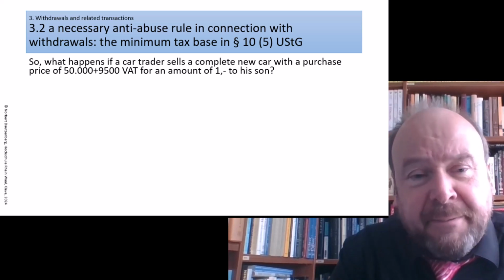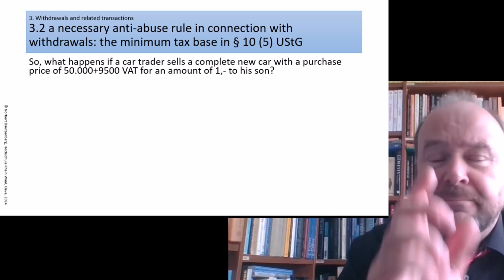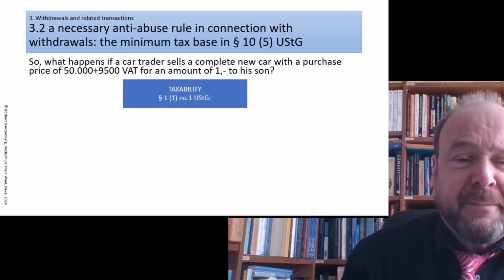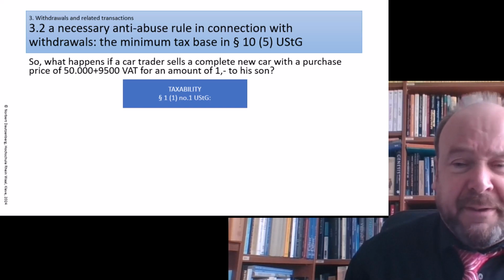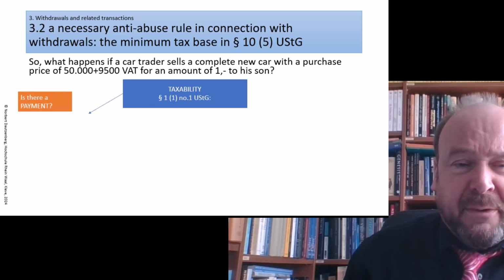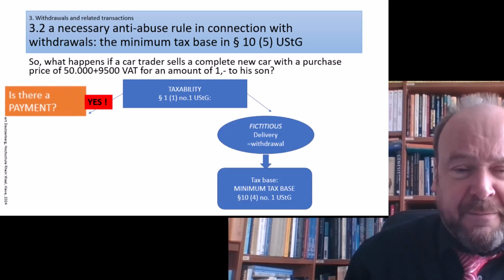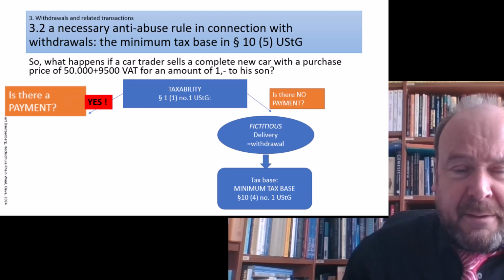9,500 value added tax. The tax advisor's suggestion would be, think about doing something different, because if we now give a payment of €1, then we have no possibility to use the right track. So we don't end up with the 10.4 tax base with 50,000.